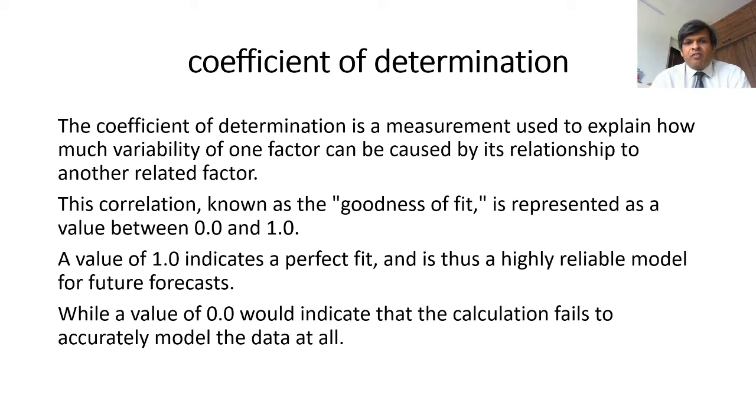A value of 1 indicates a perfect fit, and this is a highly reliable model for future forecasts, while a value of 0 would indicate that the calculation fails to accurately model the data at all. That is how you determine how good your model is, or how well your model will perform on the new set of data which we will use to predict. So it is called the coefficient of determination.